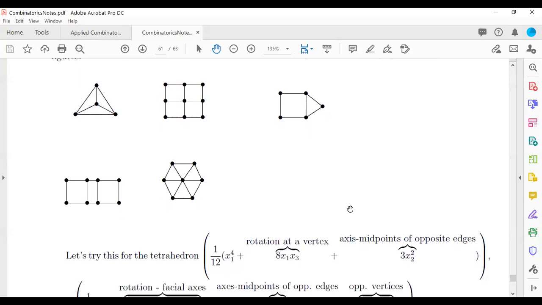The 1/12 is coming from 1 over the size of the group, x1 to the 4th. That is the identity permutation. 8 x1 x3, that's coming from the 8 rotations about a vertex. And then the axis through midpoints of opposite edges contributes the 3x sub 2 squared.